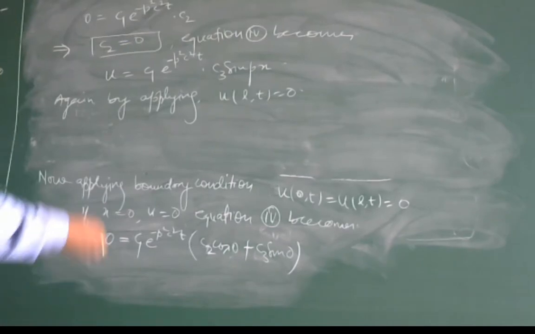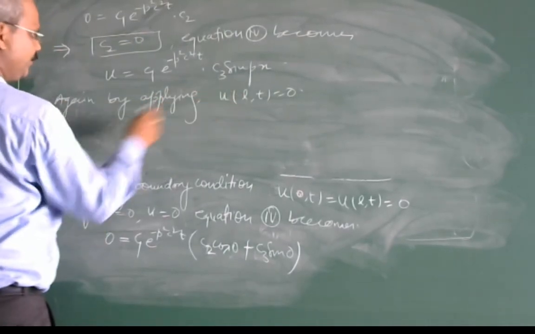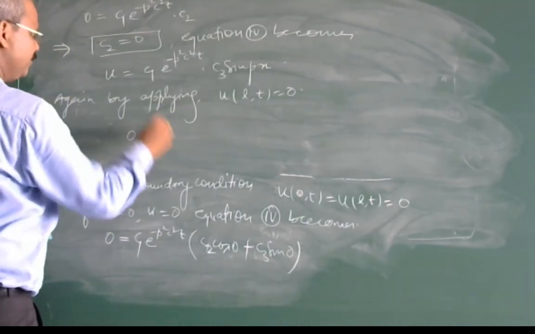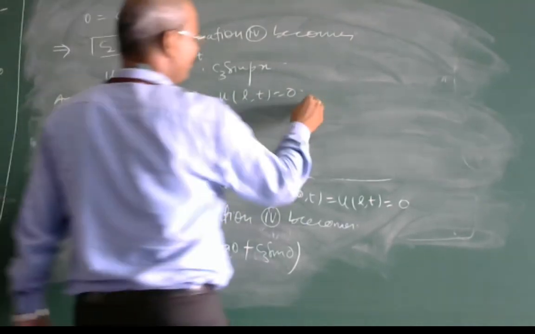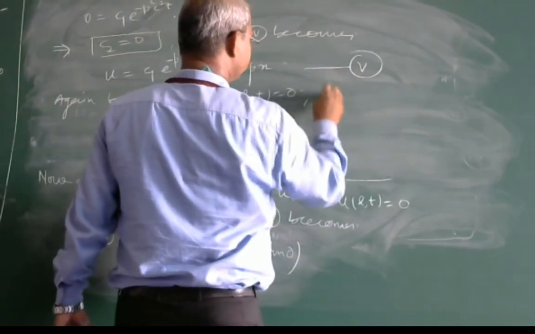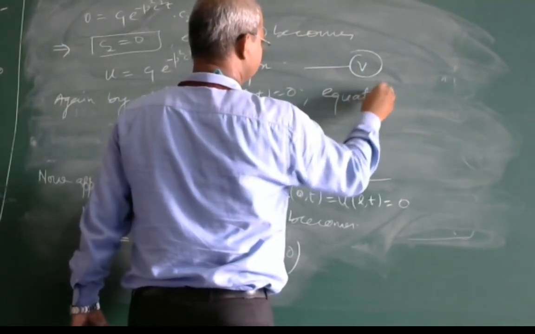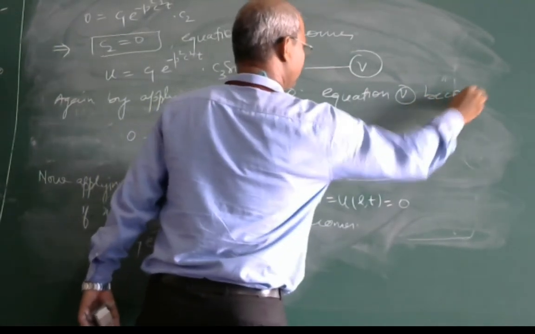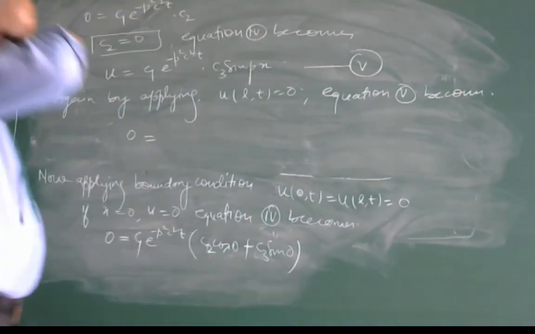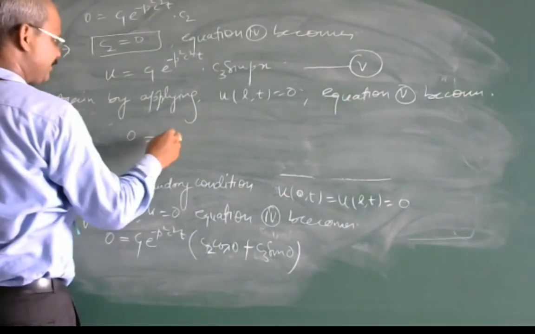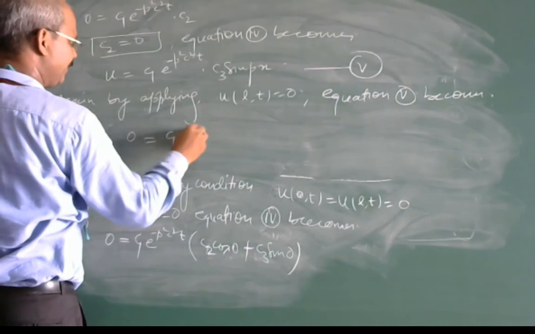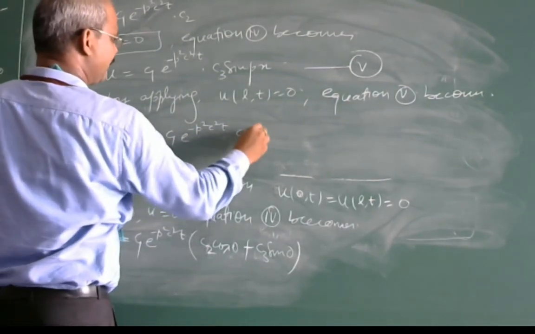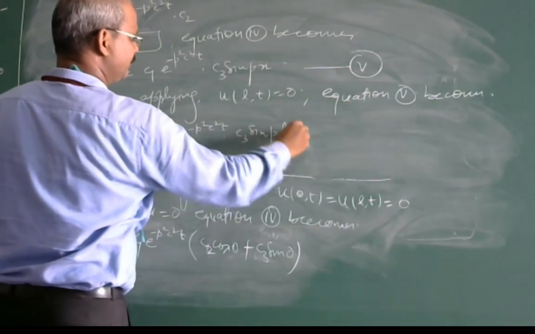So at x equal to L, u equals 0. So the LHS of equation 5 becomes 0 equal to c1 e to the power minus p square c square t into c3 sine pL.